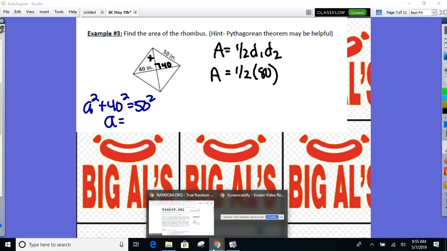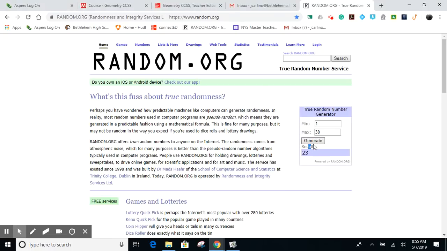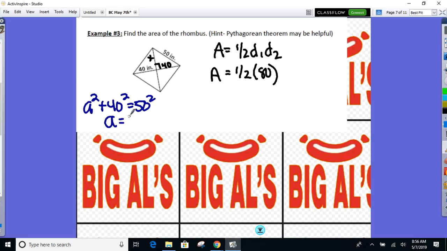And what are we finding as the partial diagonal there? 30. Be careful, don't plug that in. That's only half the diagonal. We know they bisect each other, so I won't plug in 30 to the formula. I'll plug in 60.